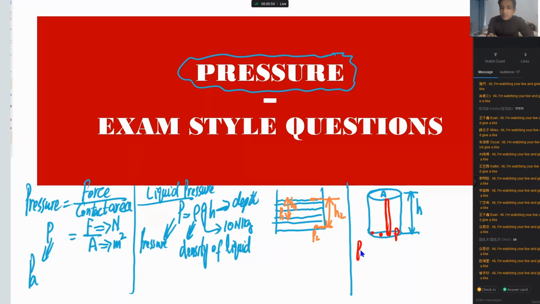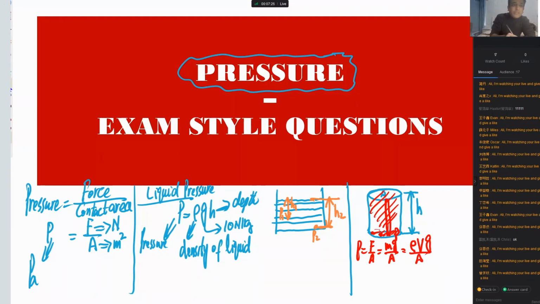P is equal to F over A. The force acting on this cross-sectional area is the weight of the liquid, so this is mg divided by A. But m we can replace with density times volume, so rho times V times G divided by A.